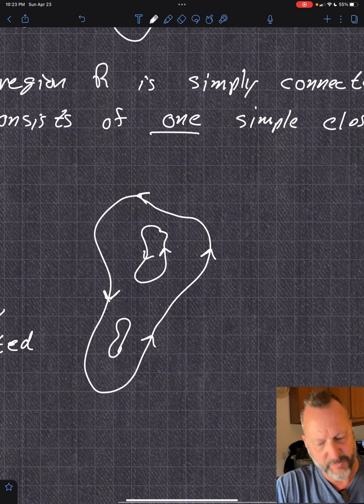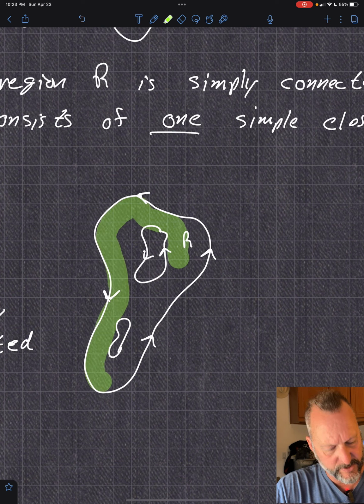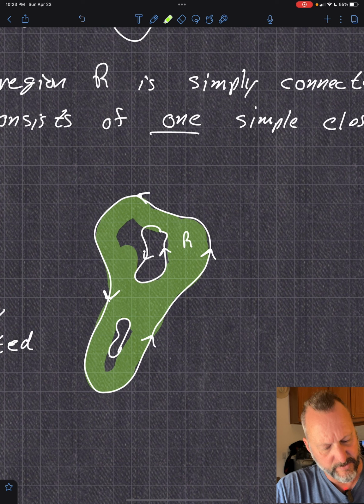So this could be our region R, and then this is our, so this is not what we want because this is multiple simple closed curves. Okay, but it gives you an idea what we're looking for.